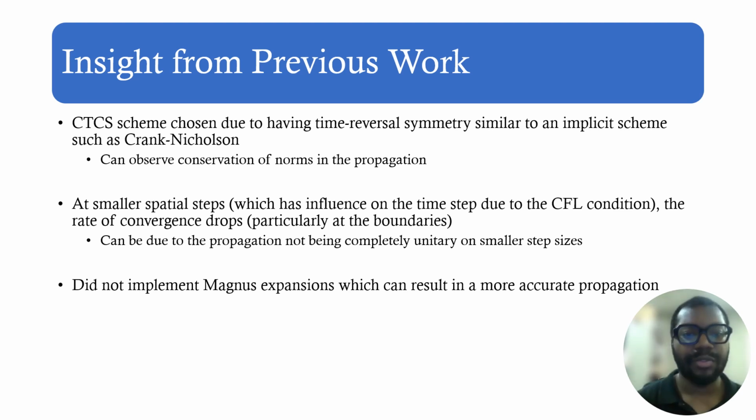However, at smaller spatial steps, which had influence on the time step, the rate of convergence dropped, and this was particularly noticeable around the boundaries, which weren't being approximated correctly. I predict that this was due to the propagation not being entirely unitary at these smaller step sizes, and I do also predict that using these Magnus expansions will result in a more accurate propagation because it'll preserve the unitarity of the propagator.